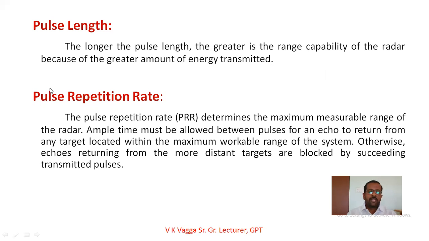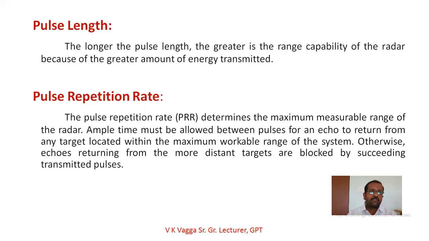And the pulse repetition rate, PRR, is going to determine the maximum measurable range of the radar. Ample time must be allowed between the pulses for an echo to return from any target located within the maximum workable range of the system. Otherwise, the echoes returning from more distant targets are blocked by the succeeding transmitting pulses.